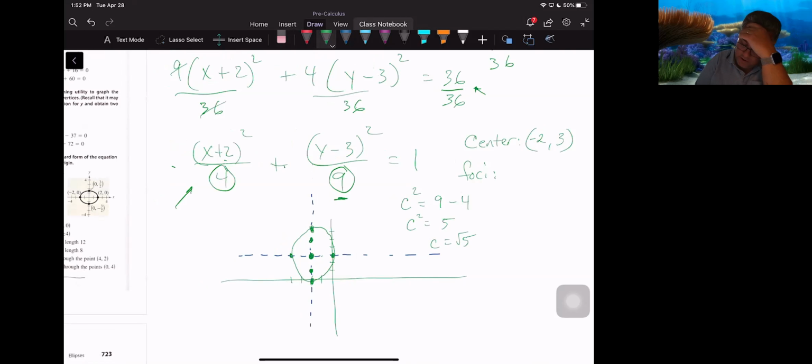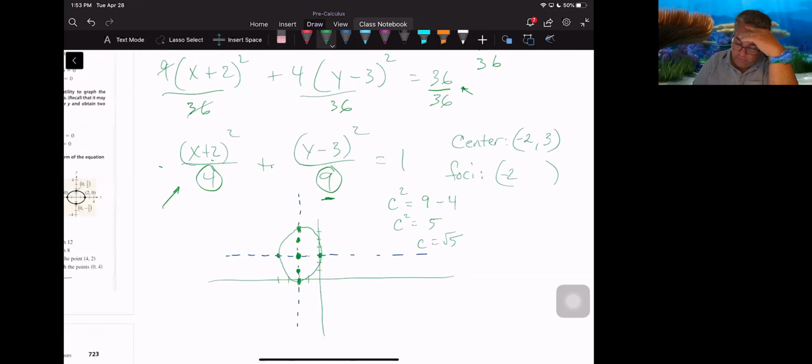So let's find our coordinates here, and you're going to have 2 of them. So if my center is at -2 and 3, and I'm going to move up, it's still going to be at -2, but it's going to be what? 3 minus square root of 5, and then -2, 3 plus square root of 5.